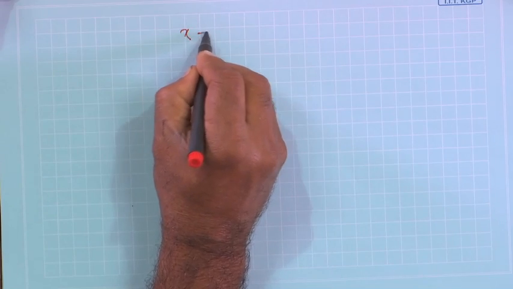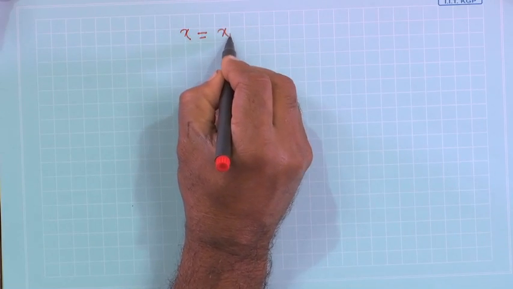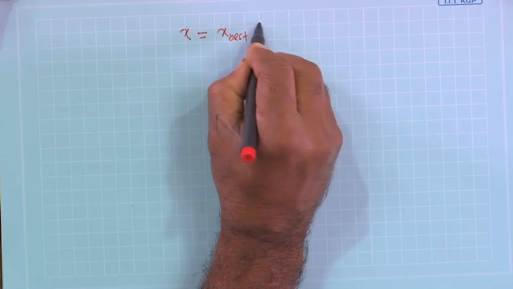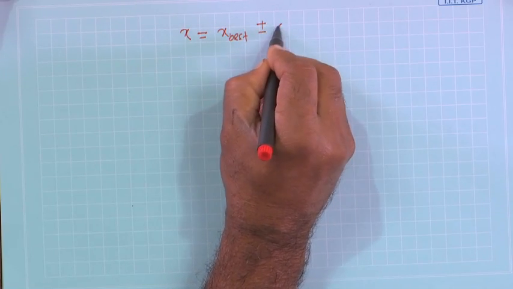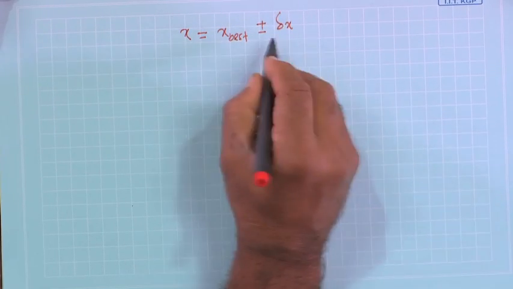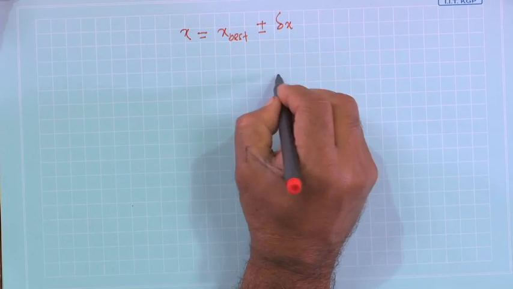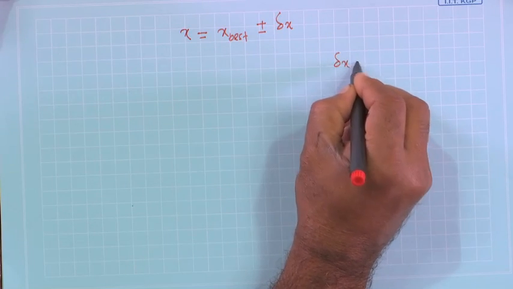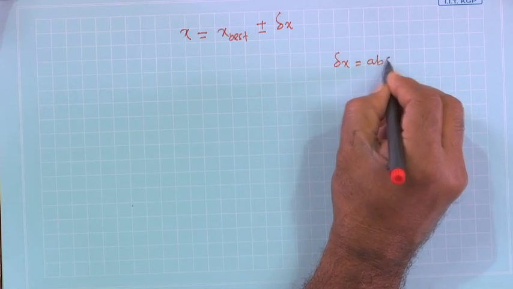This way one can check the result to get confidence. Next I will discuss a little further. Whatever error I have written, x equals x best plus minus delta x. As I told, this delta x is called the absolute error.